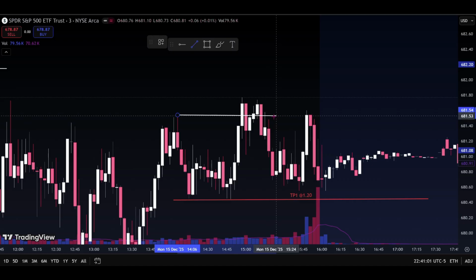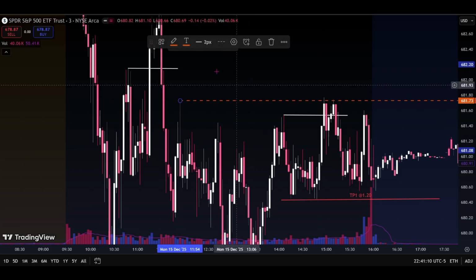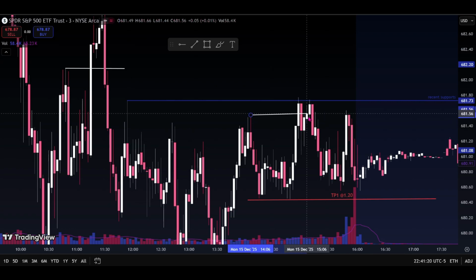Sometimes you'll have an inverse break of structure. In this case, close above, close back below. But again, you need to make sure you mark all your levels, because that inverse break of structure happened because of a resistance level, not just because it was a fake out for the break of structure.